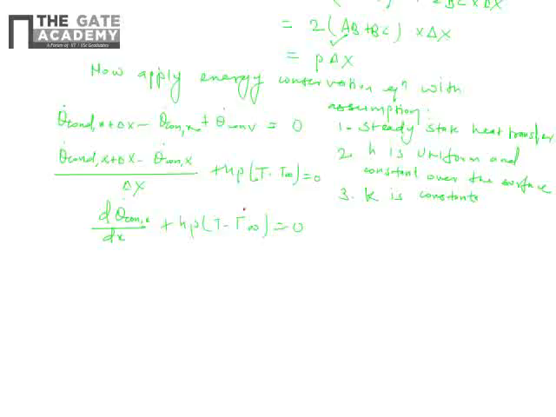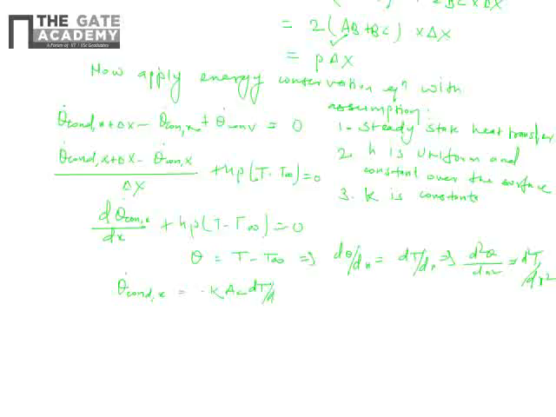Now assume theta is equal to T minus T infinity, that is d theta upon dx is equal to dT upon dx. This implies d2 theta upon dx square is d2T upon dx square. And also Q dot conduction at x is nothing but minus K AC dT upon dx.